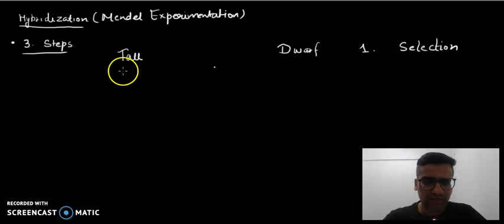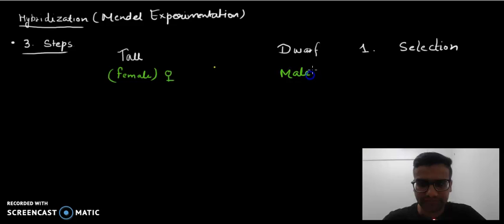The tall plant was the female plant, whereas the dwarf plant was the male plant. He crossed the two, which is cross pollination.